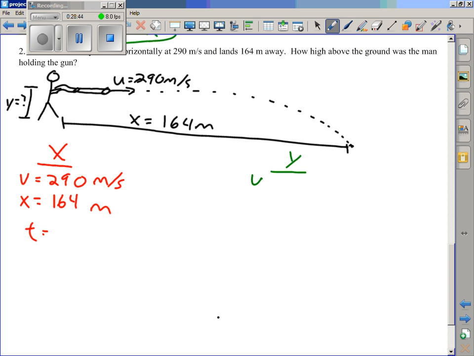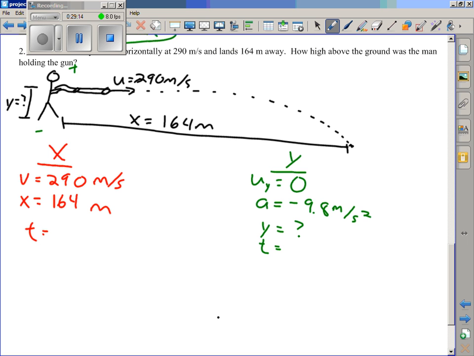In the y, the initial velocity in the y is 0. The acceleration, if I call down negative and up positive, is negative 9.8. Y, the displacement, is what I'm looking for. And I don't know anything about time.